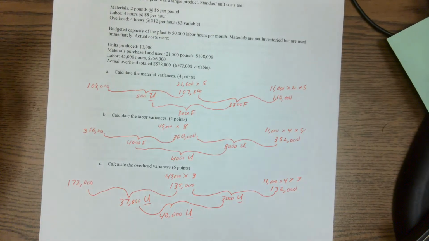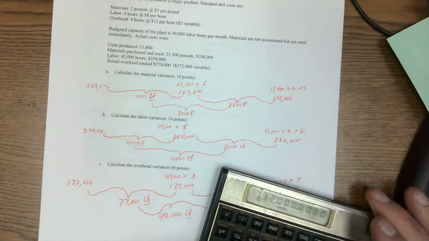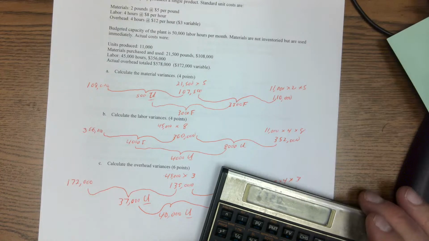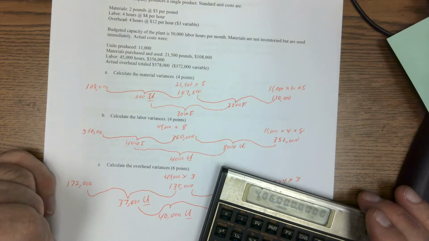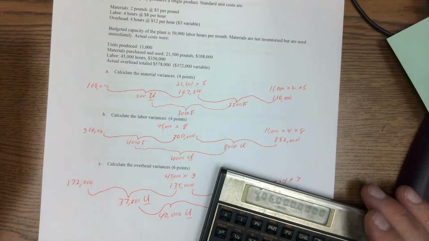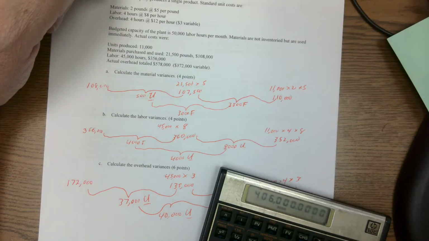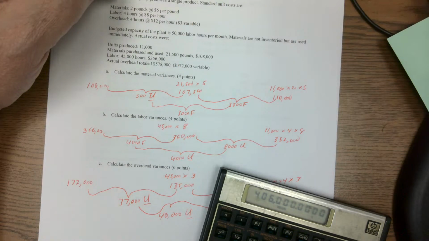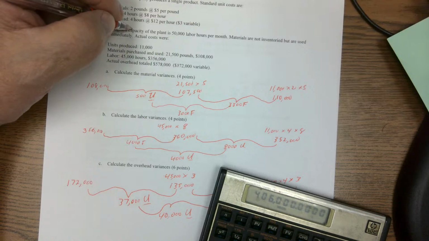Finally, we can do the fixed overhead. So we've got 578 minus the 172 variable gives us 406. The budgeted overhead would be, okay, budgeted capacity is 50,000 labor hours.